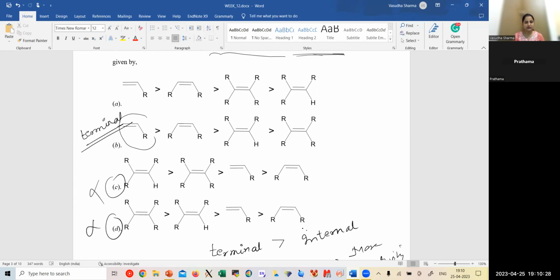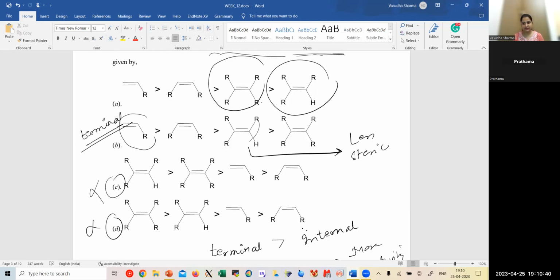Now, between this and the one above, there is a difference: one has 4 substitutions of R, whereas the other has only 3 substitutions of R. So this is less sterically hindered, and therefore it becomes more reactive. So option B is the right option compared to the other ones.